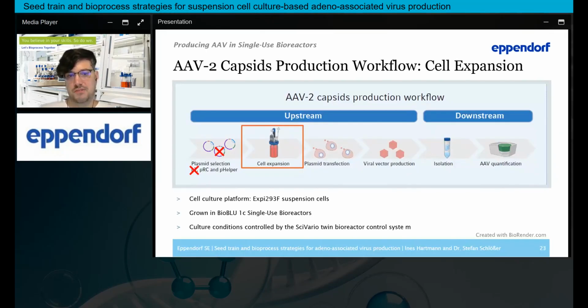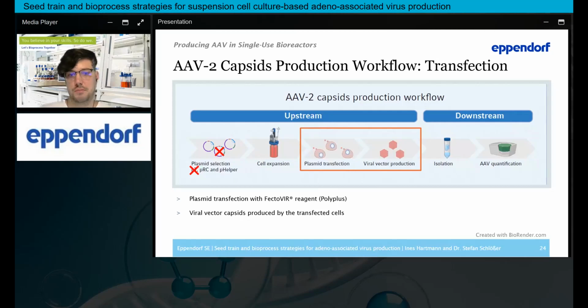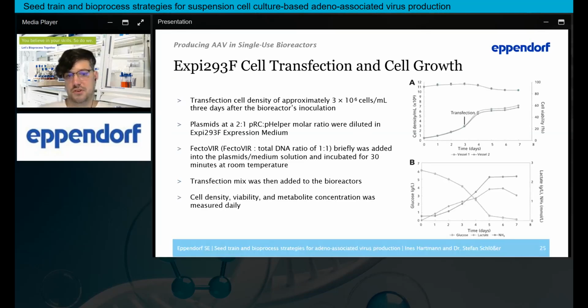To get the plasmids into the cells, the cells were expanded in the BioBlue 1C single-use bioreactors under control of the Biostat Twin. And in the next step, they transfected the cells with a transfection reagent called FectoVIR from Polyplus. And afterwards, the cells were able to produce AAV capsids.